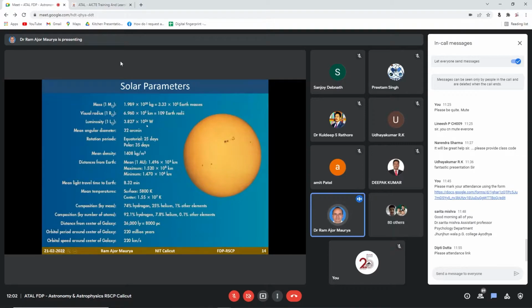Here we have luminosity, 10 to the power 26 watts, and this is the angular diameter of the sun. When we observe the sun, taking two opposite edges, it makes an angle of around half a degree at our eyes. That is called the angular diameter.